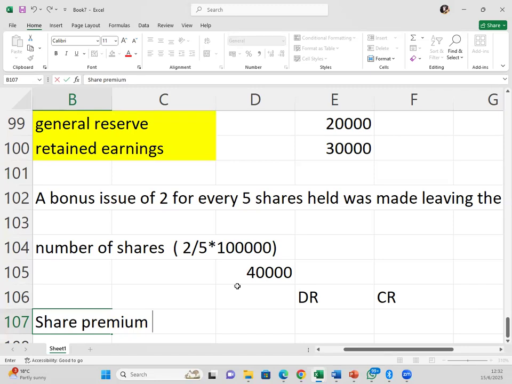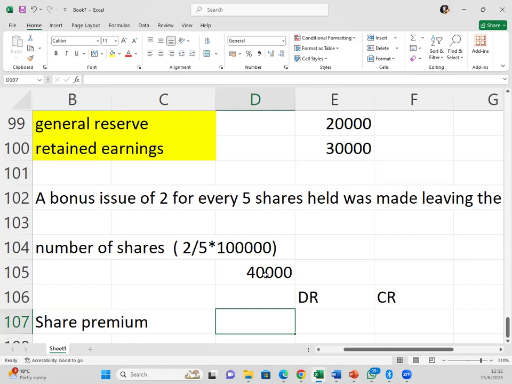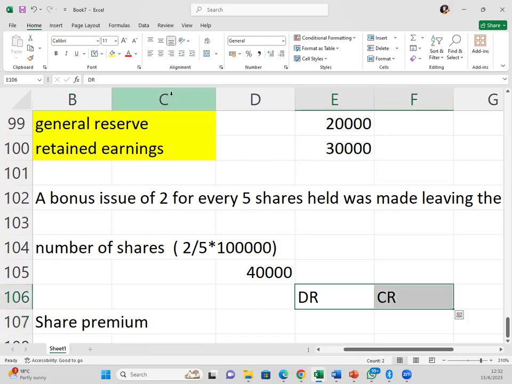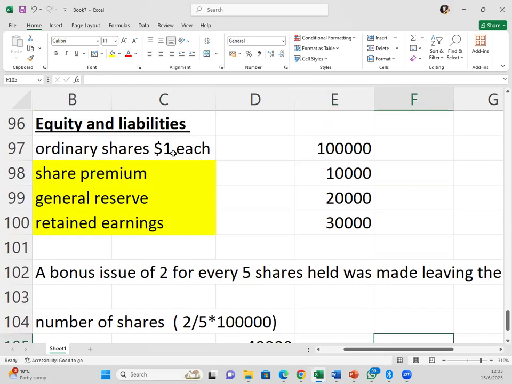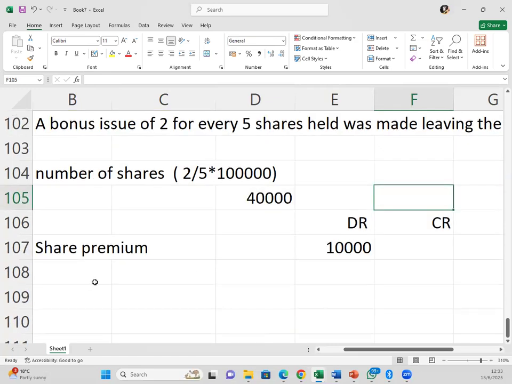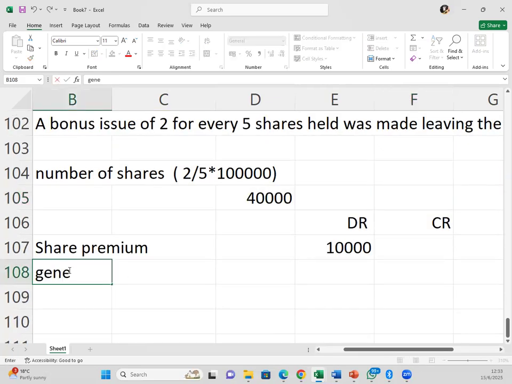So what do we do? If the amount of shares you are issuing as bonus issue exceeds the balance in your share premium account, you first clear the balance in the share premium account, the 10,000. Then you move to the next reserve. That's when you use the rule: in their most flexible form, you start from the first reserve going down. So after share premium, you move to the general reserve.